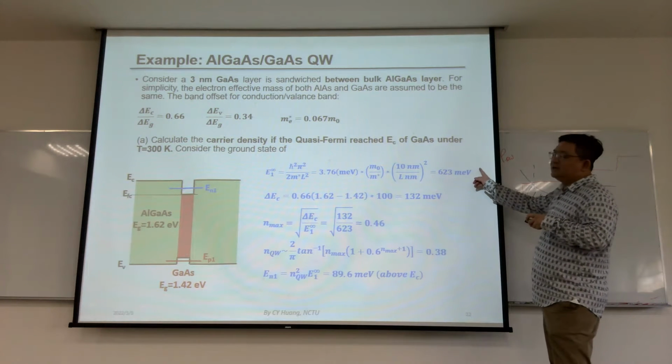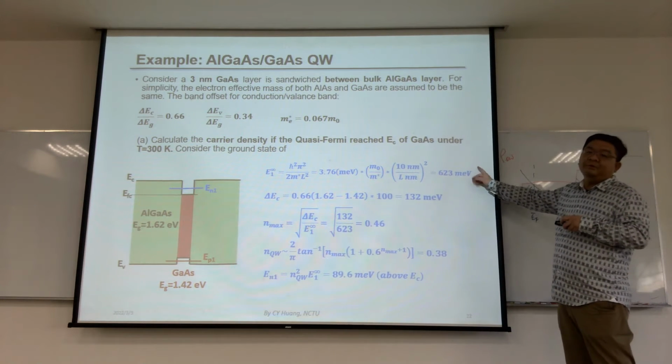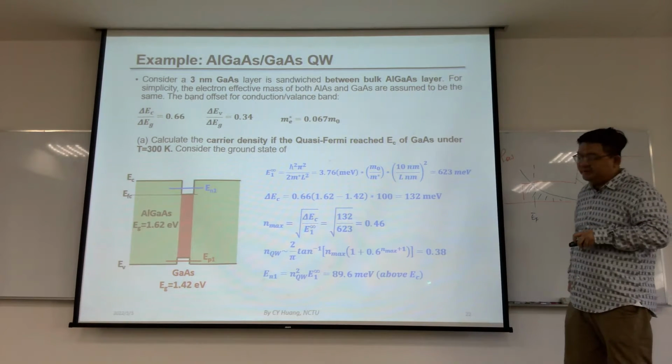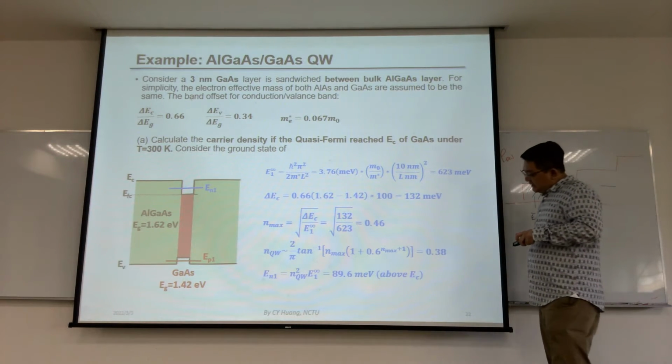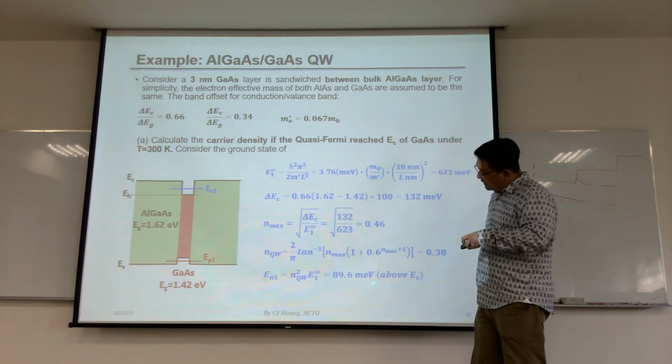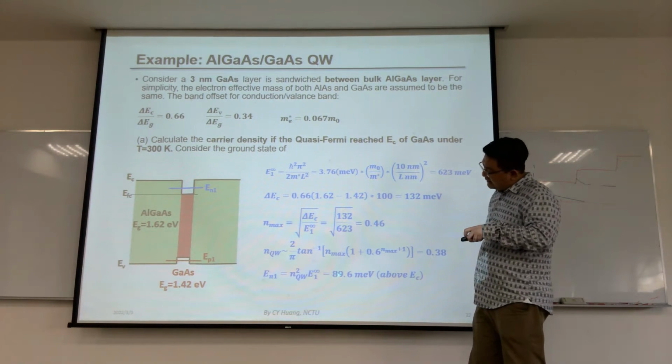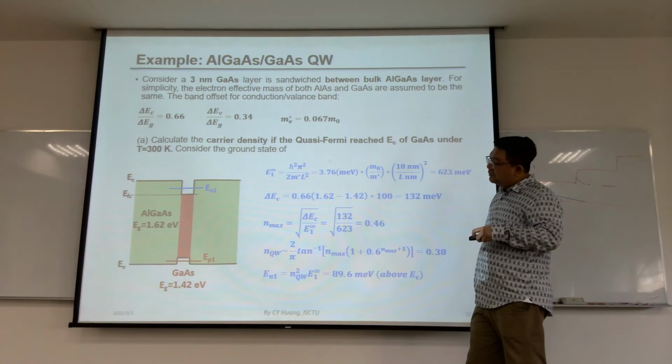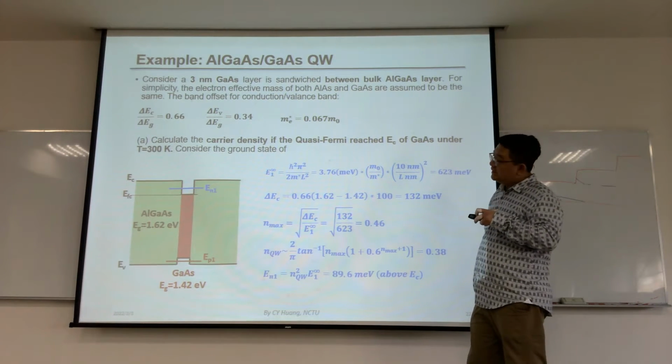So this is the case of the infinite quantum well. We need this number to calculate the finite quantum well case. Anyway, for the finite quantum well, after the same procedure, we will find it is 89.6 millivolts above EC.